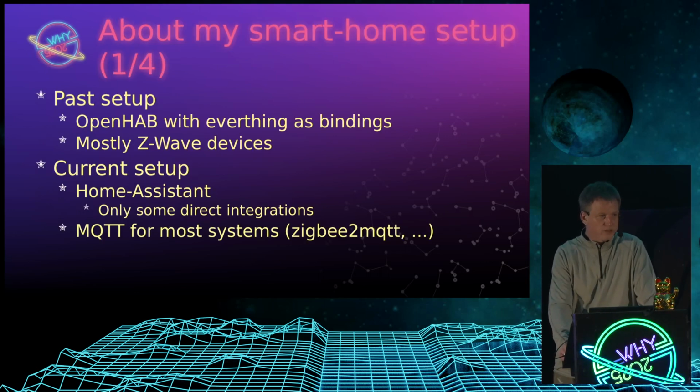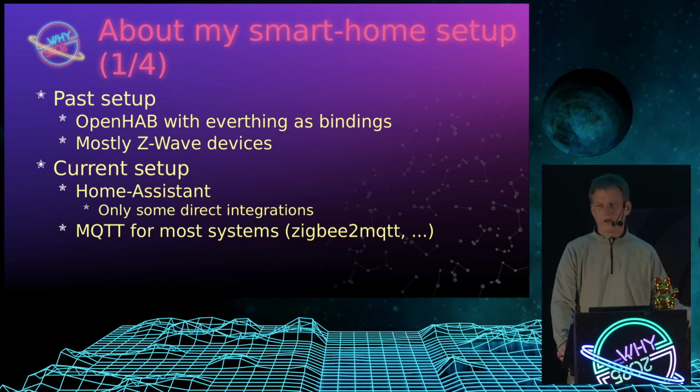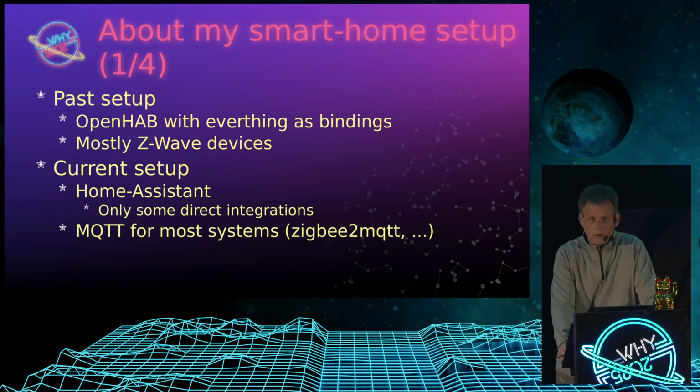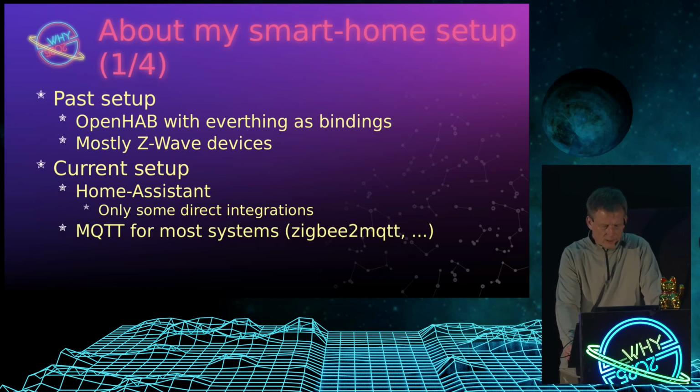First off, some context: my smart home setup. I used to have it run on OpenHAB and just had everything connected to it via the bindings that were offered from it. I also used to have a lot of Z-Wave devices. And I switched at some point a couple of years ago to Home Assistant.